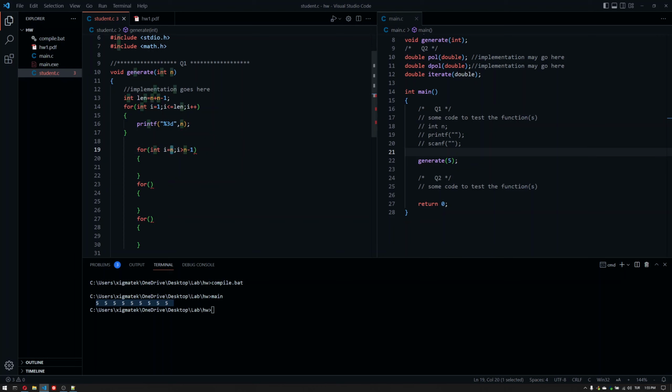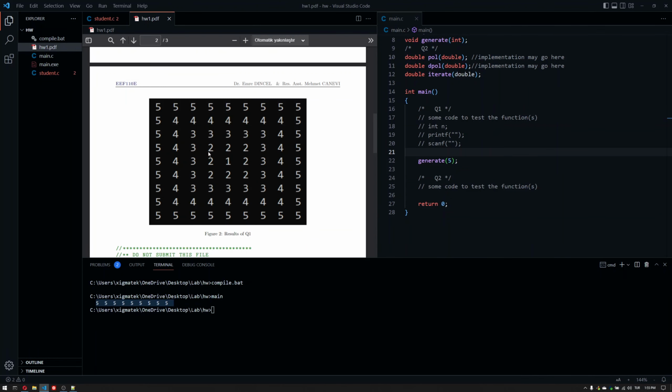So it should start with 5, stop at 4 if it's greater than 4. In this case, it will stop directly, and then it should decrease. So we have this 5, 4, 3, 2 kind of thing going on there.